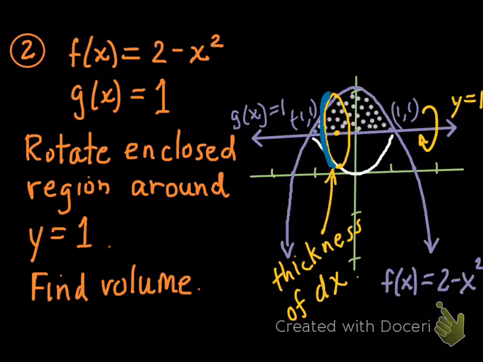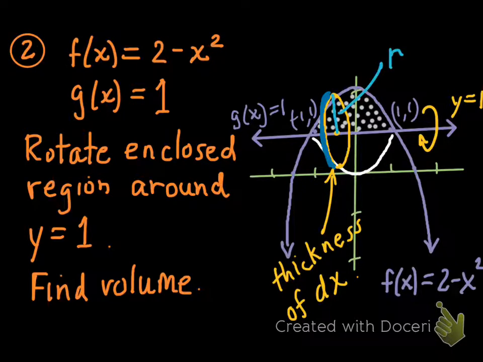The first intersection point on the left is the ordered pair (-1, 1). The second on the right is the ordered pair (1, 1). Remember, since we are writing this integral in terms of dx, my entire integrand has to be in terms of x. Moreover, my limits of integration have to be x values.